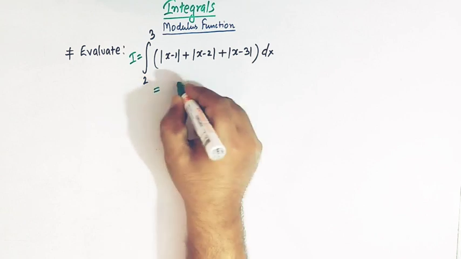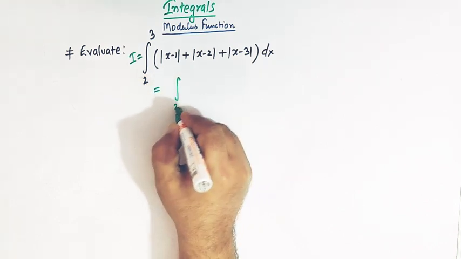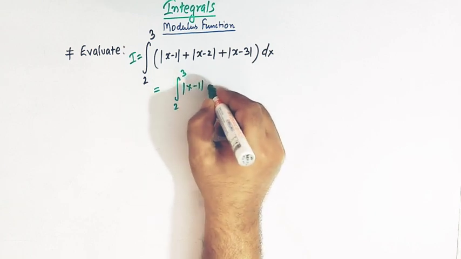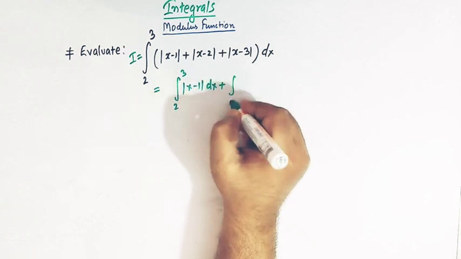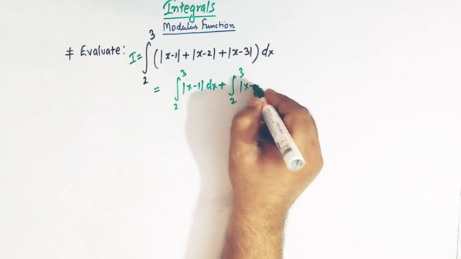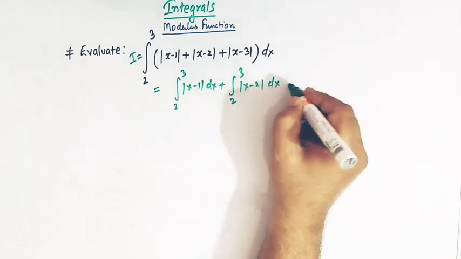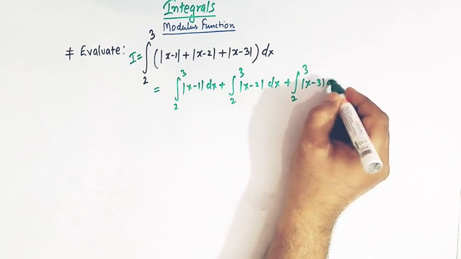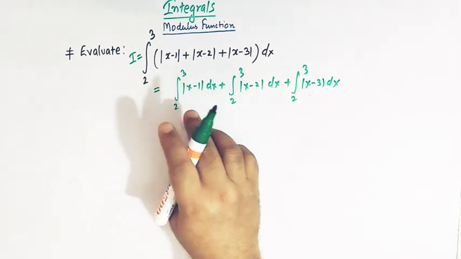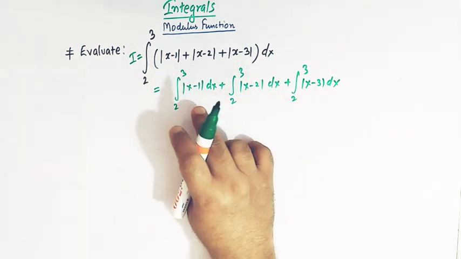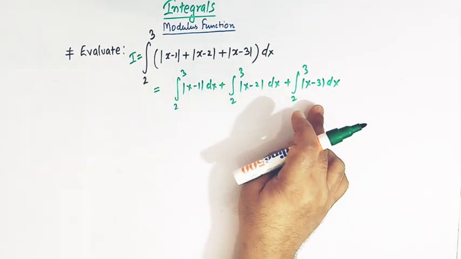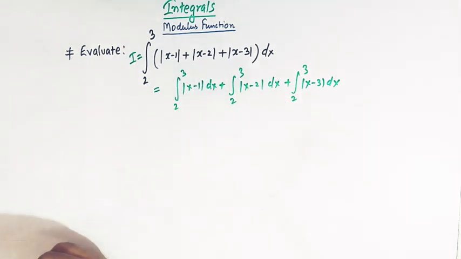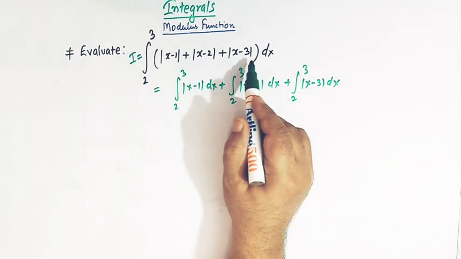So some learners can do it like this, that is integral 2 to 3 mod of x minus 1 dx plus 2 to 3 mod of x minus 2 dx and 2 to 3 mod of x minus 3 dx, right? And then by separately calculating the value of each integral, we can add up the three values and we can get the desired value, right?